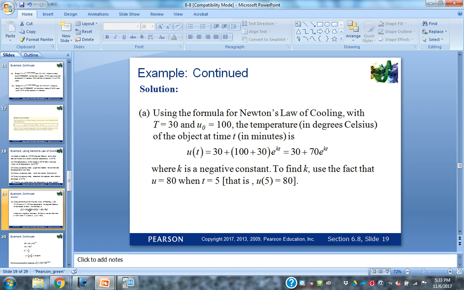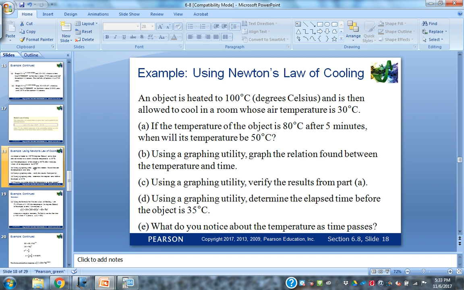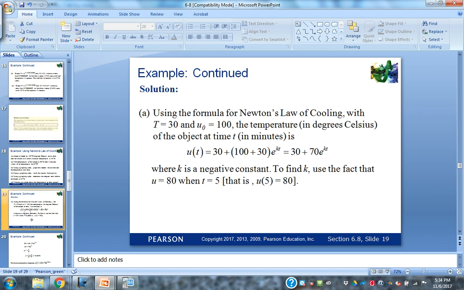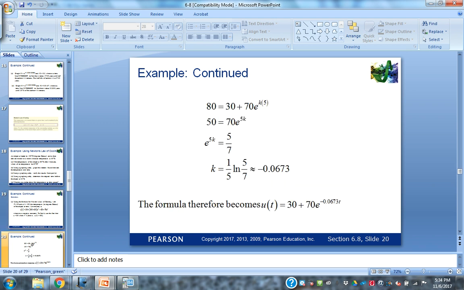Then you've got to find k. So the first thing you have to do is find k, and you have to have some information for that. It says that after 5 minutes it was 80 degrees. So we have a time and we have a temperature, and that allows us to set up this equation: 80 equals 30 plus what's 100 minus 30, 70, e to the k times 5. 5 is the minutes.